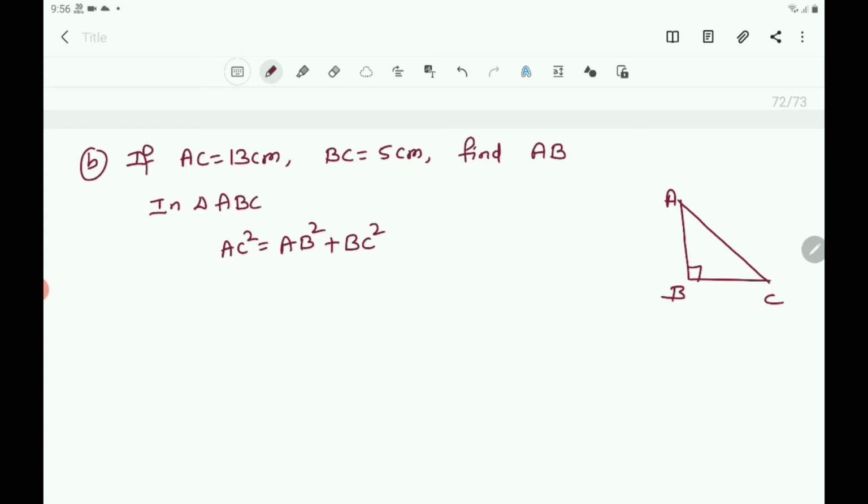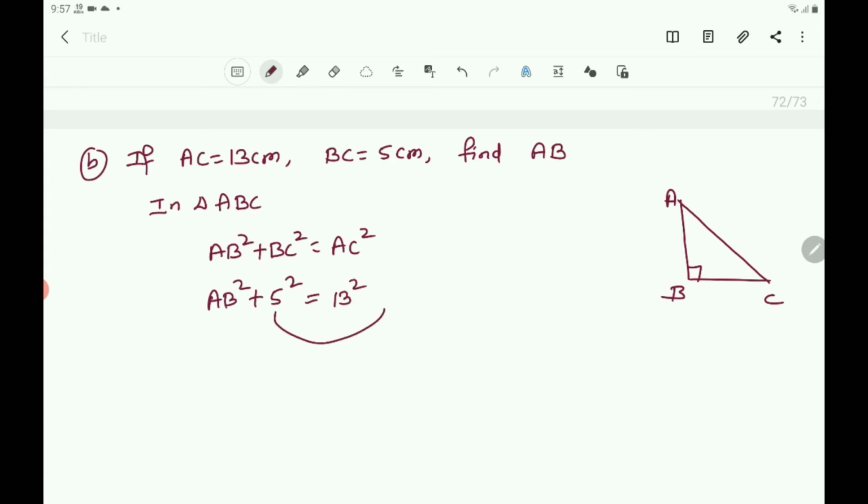Here we have to find AB, therefore it is better to write this way: AB² plus BC² equals AC². Then you write the AB value, that is not given, write it as it is. AB² plus BC is given, that is 5², equals AC is also given, 13².